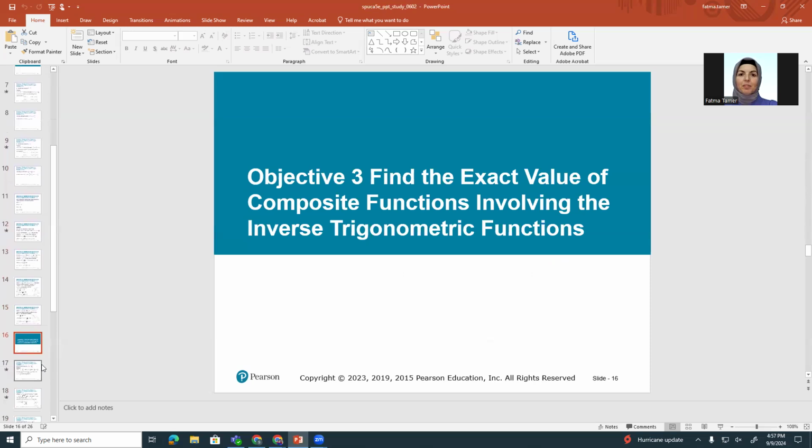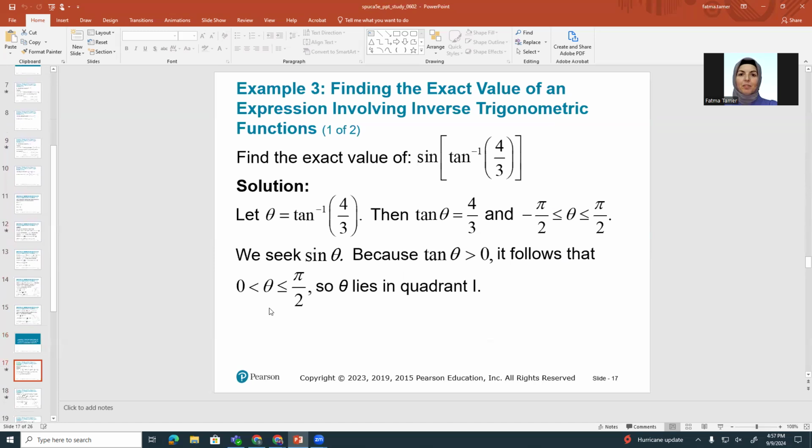So the last objective here I want to look at is to find the exact value of composite functions involving the inverse trig functions. So when you have nested functions like this, when I look at my current problem, I have an inner function here. I need to find the inverse tangent of 4 over 3. And then I want to take the sine value of this.